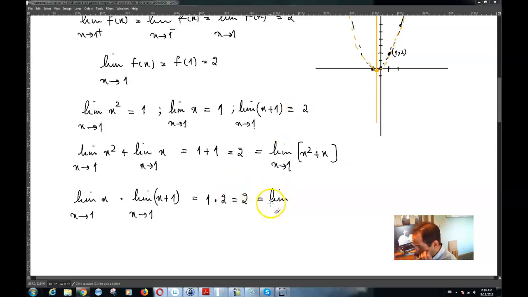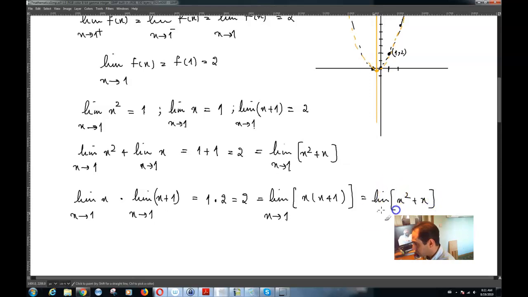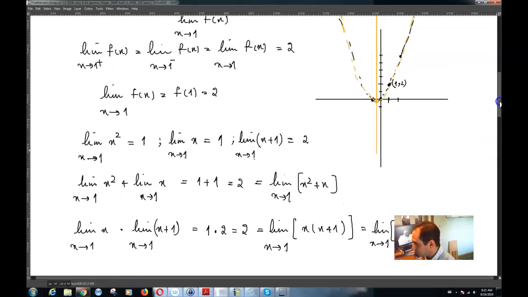Okay. Now, this is actually equal to the limit of x times x plus 1 as x tends to 1, because you can rewrite this as the limit of x squared plus x as x tends to 1, which we found over here to be equal to 2.